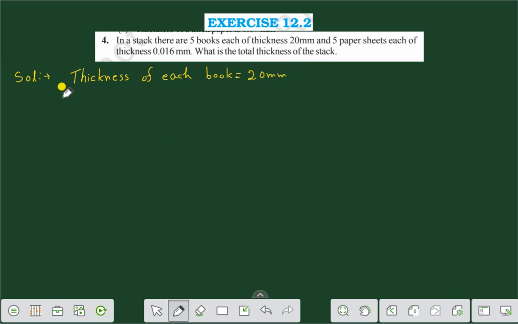Therefore, thickness of 5 books is equal to 5 into 20 millimeter. That is equal to 100 millimeter.